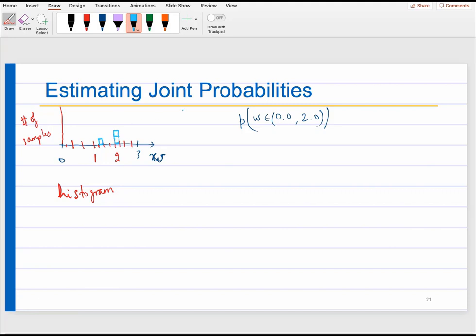In this way I will keep constructing my towers, and let us say finally I get something like this. This height is this, this height is this, and like that.